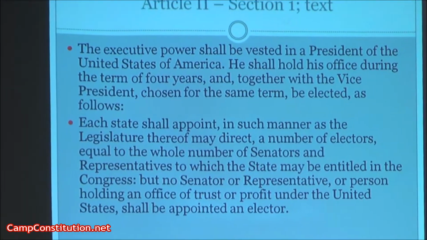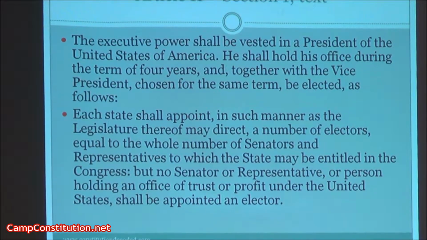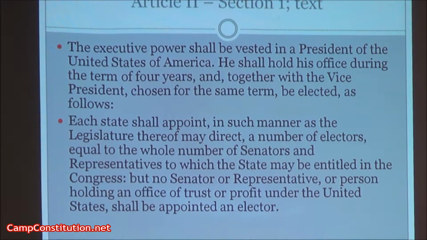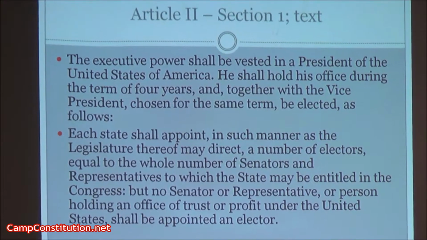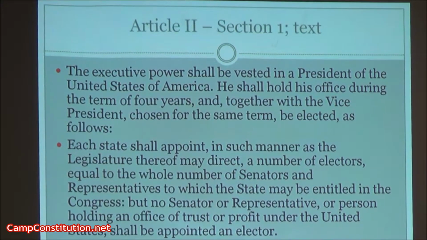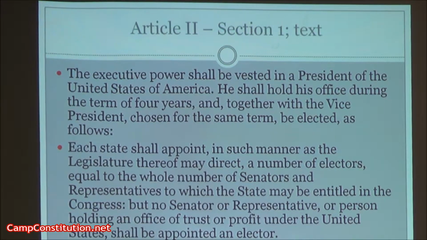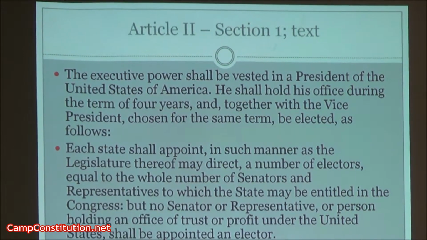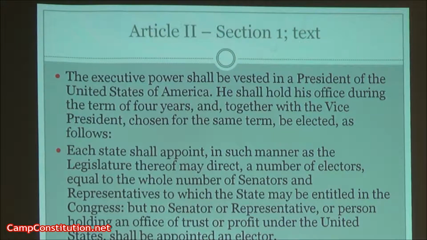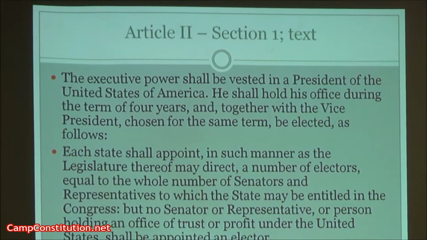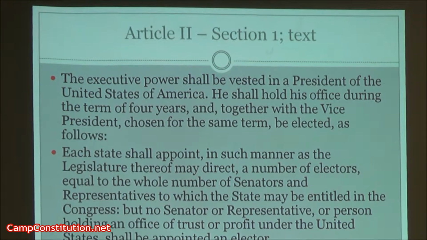It means that the power is assigned to the president, or in the case of Congress, where all powers herein granted shall be vested in a Congress. The executive power shall be vested means the power is assigned to the president and he does not have the authority to delegate that power to somebody else except where it is so stated in the text.